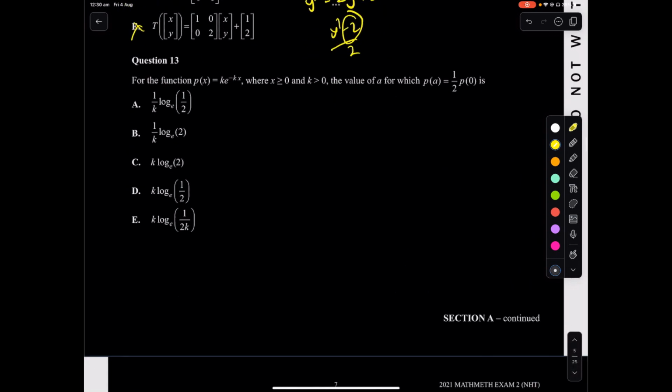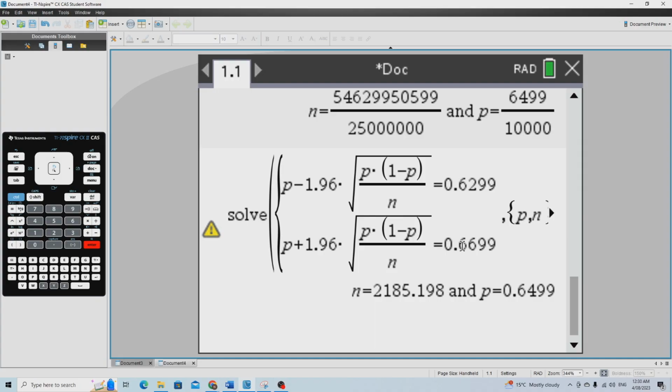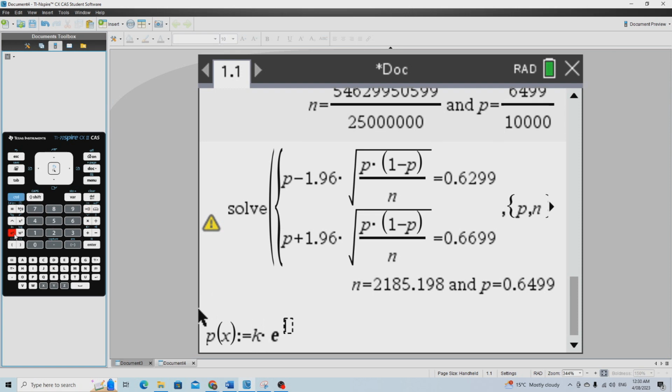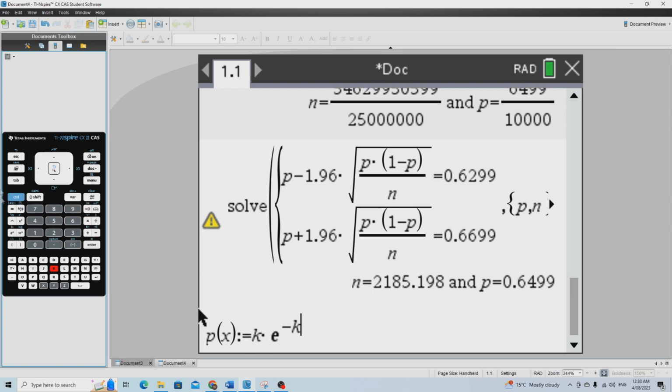Yeah, so A is right. Now, for this function where x is greater or equal to 0 and k is greater than 0, the value of a is what? I'm going to do this on the calculator actually. We can just define p of x as k times negative k times x.